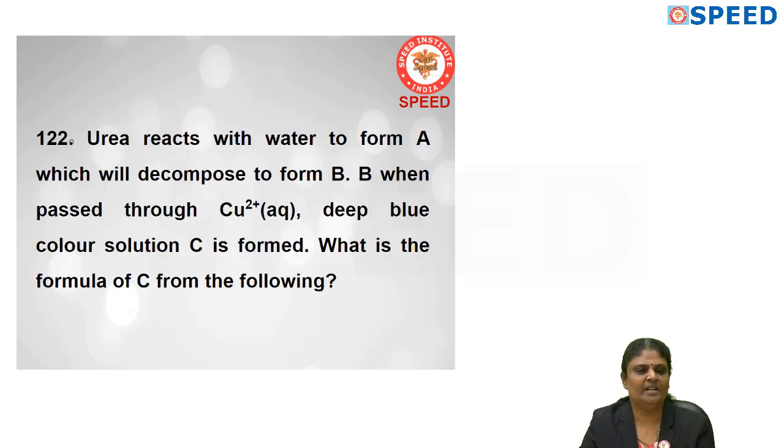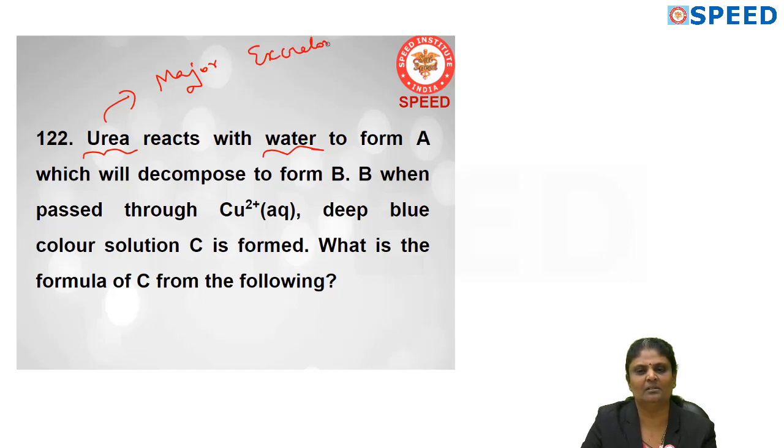And then the 122nd question, urea reacts with water. Urea is easily dissolved in water, so urea is considered the major excretory product of animals, because it is easily dissolved in water. So this is non-toxic. The two toxic substances are carbon dioxide and ammonia.